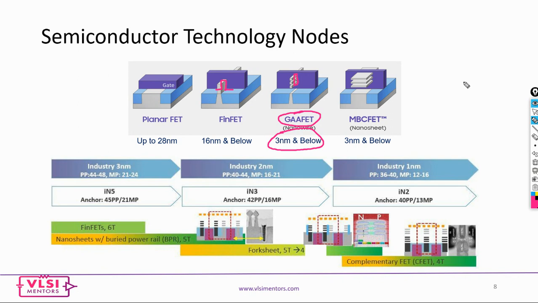We have TSMC working on different technology, and Samsung is exploring something, and Intel is also exploring something. All three may not be following the same technology or the same nodes under research.